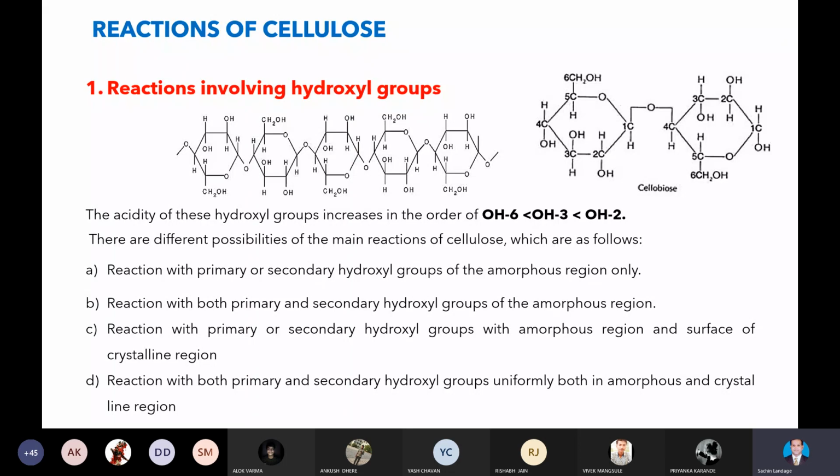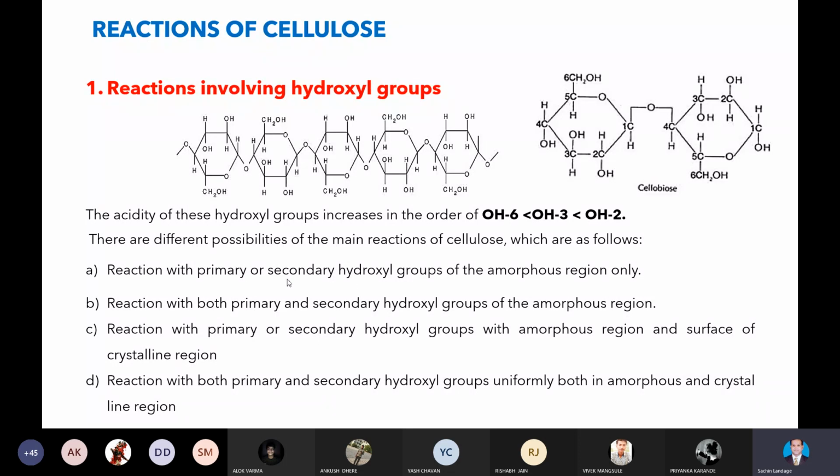We have two types of free hydroxyl group, primary and secondary, present in the amorphous region. See the difference.